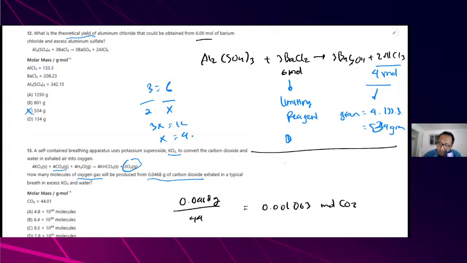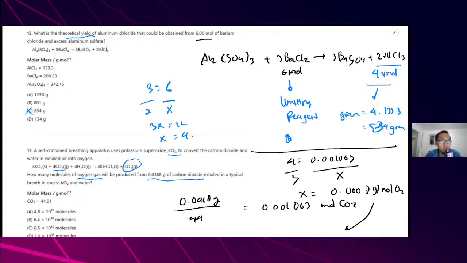If 4 corresponds to 0.001063 mole, then what about 3 for O2? We end up with 0.0000790 mole O2.